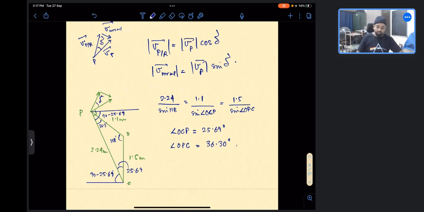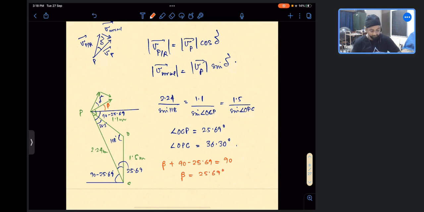Okay, so from here we can write, let me call this some other angle, maybe beta. So beta plus 90 minus 25.69 is nothing but 90. So beta comes out to be 25.69 degrees.